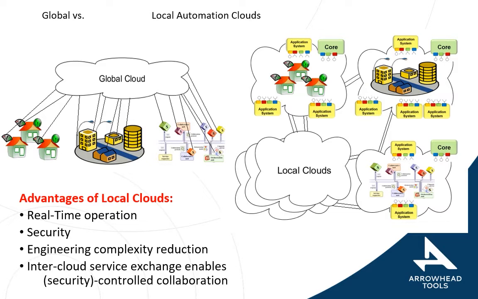They can exchange services. The application systems of one cloud can get a service from another cloud through inter-cloud service exchange. So based on this local automation clouds principle, Arrowhead achieves real-time operation. It achieves high levels of security, and the engineering complexity is really reduced.